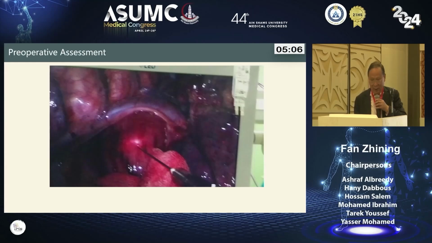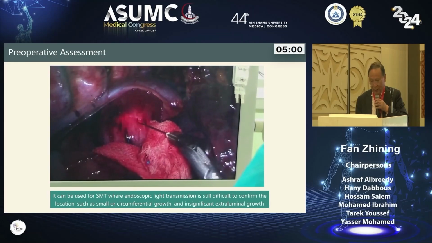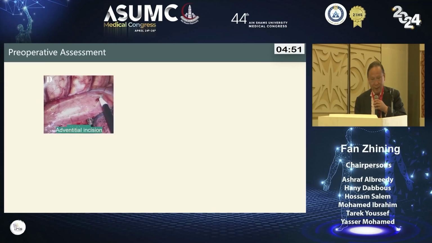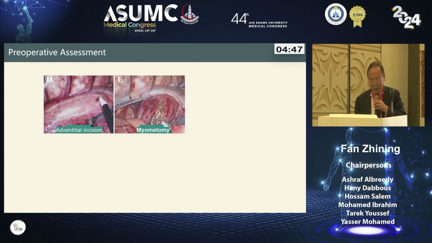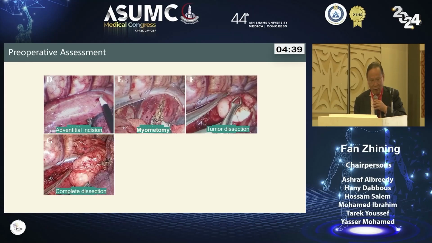Endoscope tunnel. The tumor dissection, complete dissection.